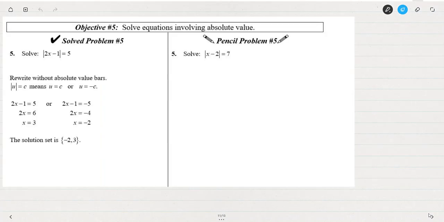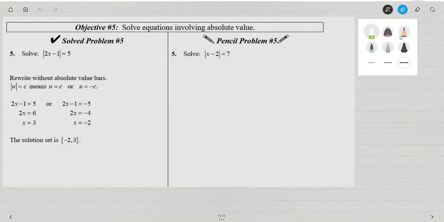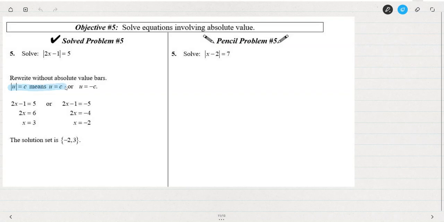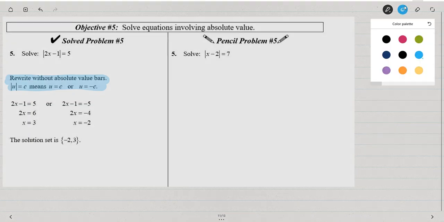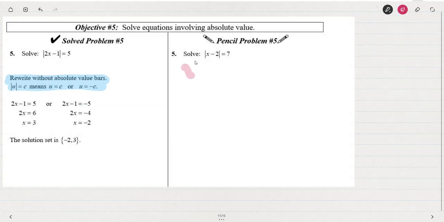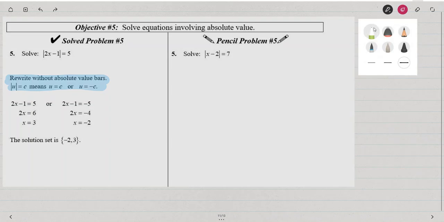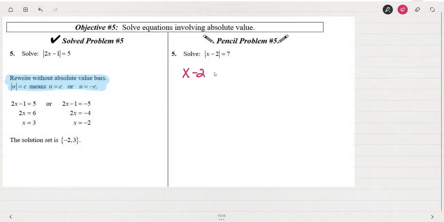Number 5, last one, absolute value. To solve an absolute value. Now, this might feel a little challenging, but look at this on the other side when we have this example. The step we're going to take is we rewrite this where the thing that's inside the absolute value, the x minus 2, that piece inside that absolute value, it might be 7, or it might be the opposite of 7, right?